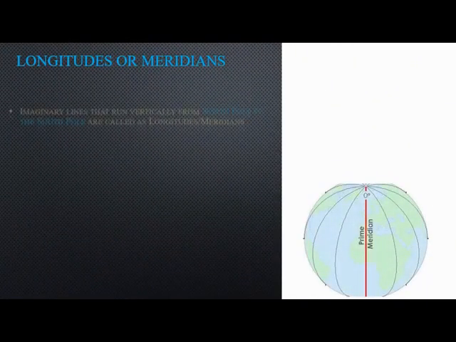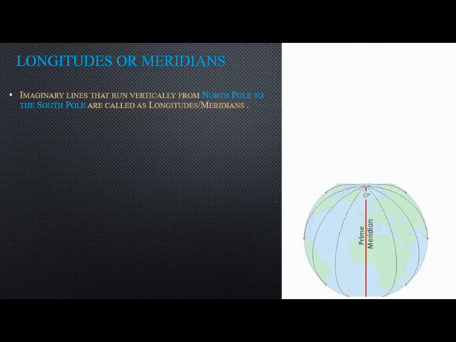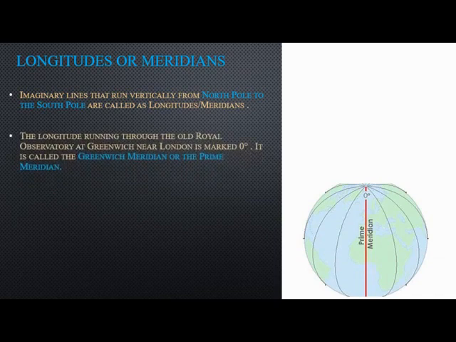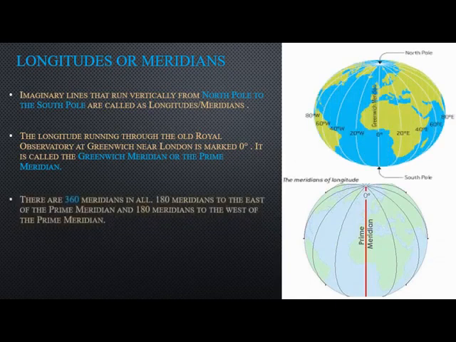Longitudes or meridians. The imaginary lines that run vertically from North Pole to South Pole are called longitudes or meridians. The longitude running through the Old Royal Observatory at Greenwich near London is marked 0 degrees. It is called the Greenwich Meridian or the Prime Meridian.